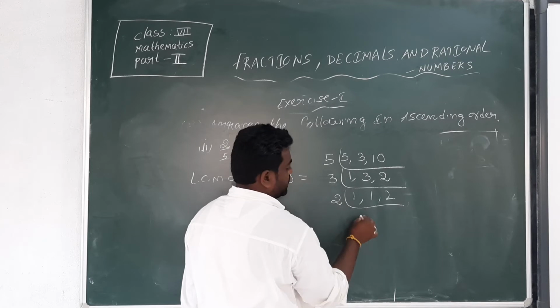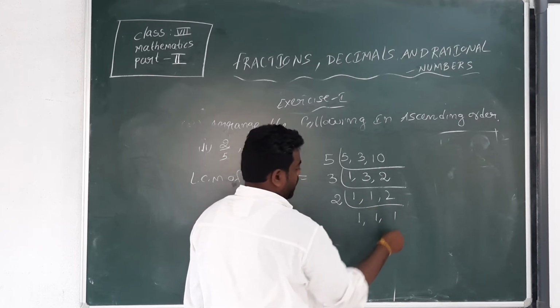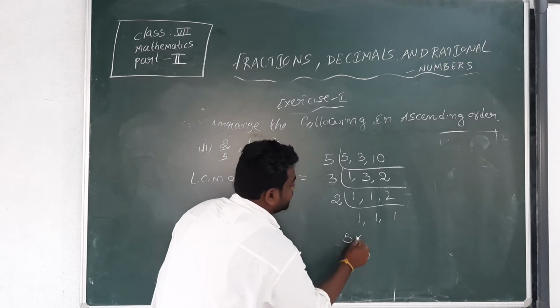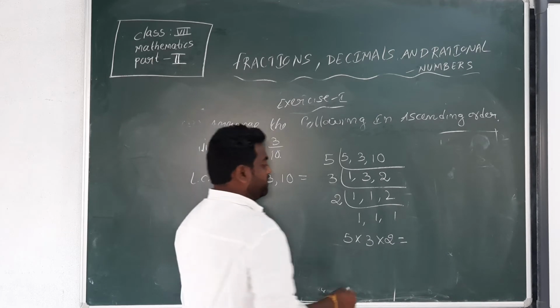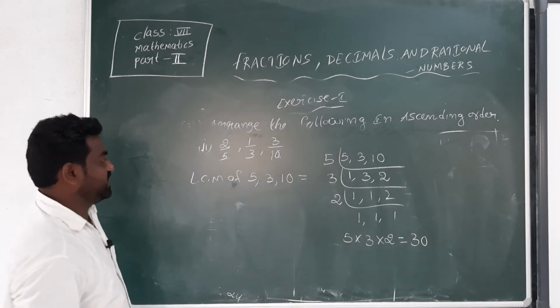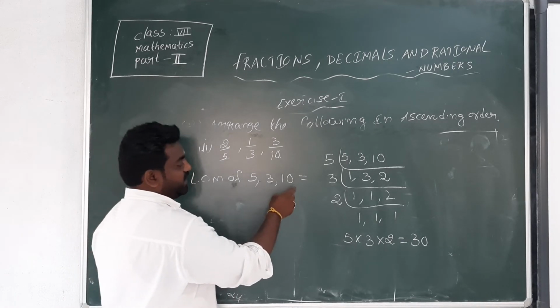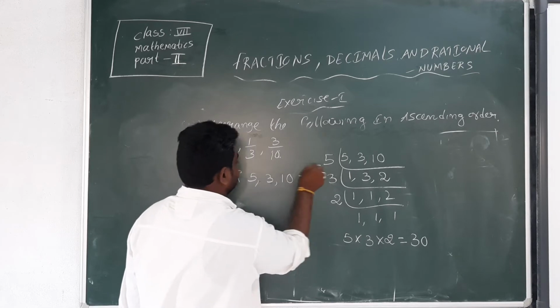So 5 into 3 into 2: 5 3s are 15, 15 2s are 30. 30 is the LCM of 5, 3, 10.